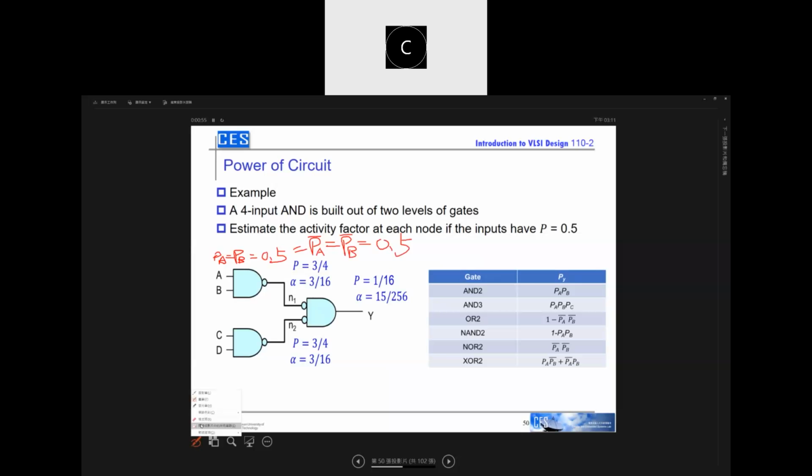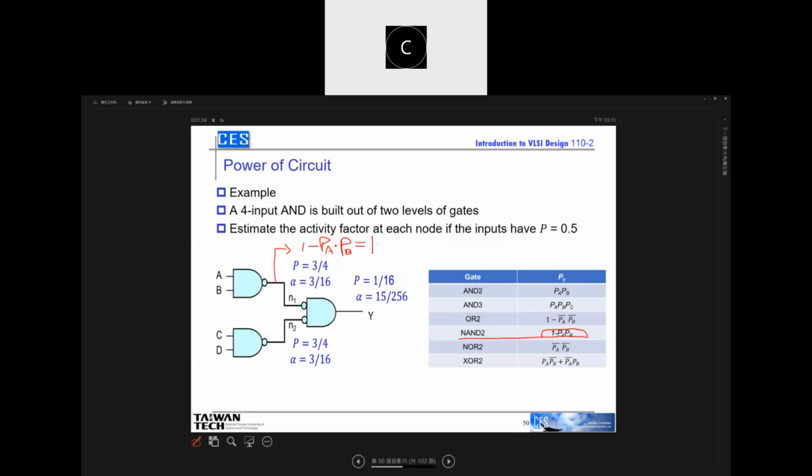Okay, so let's take a look. This is a two input NAND gate. Oh, sorry, not this one. The two input NAND gate here. Okay, so the output probability here equals 1 minus PA times PB, right?